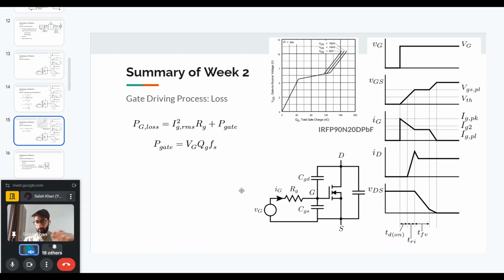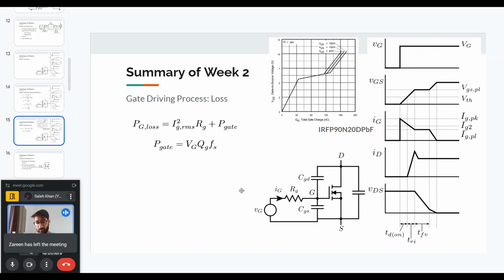Sir, is there any particular method or formula to calculate the deadband, or is it just random based on the turn on and turn off time? Yes, it is based on the turn on and turn off time. I wouldn't call that random, but there are some papers where people want to optimize the dead time, but there is no specific general rule that everybody follows.